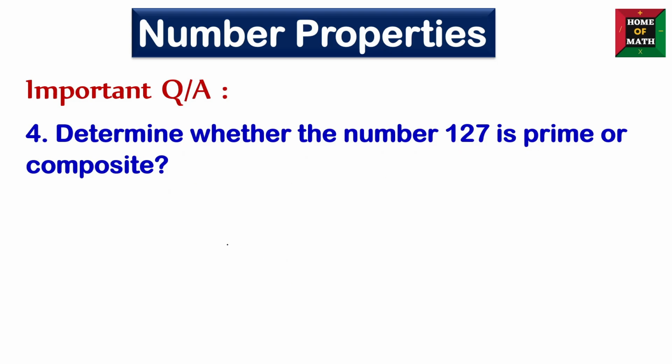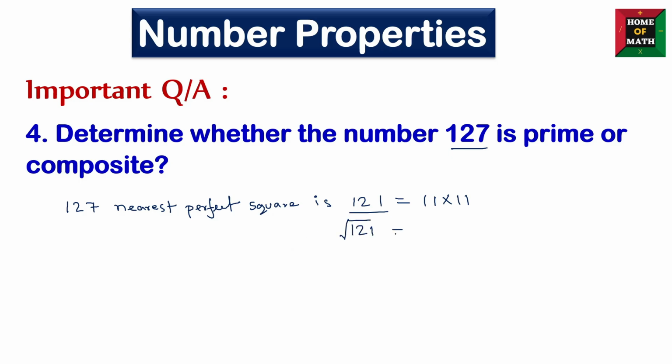First, the nearest perfect square to 127 is 121, because 11 times 11 is 121. So the square root of 121 is 11.